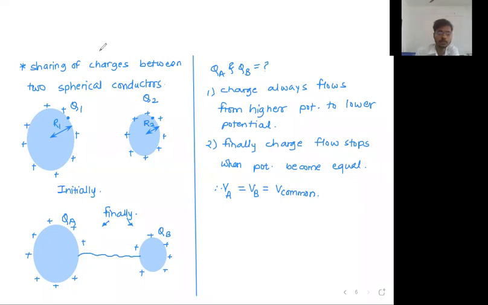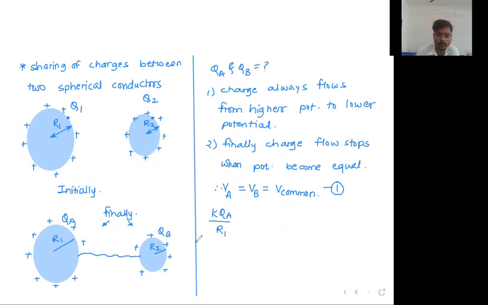So this is the first equation that we want to implement. Potential on the surface of the first sphere is k into qa upon r1, because the radius of the first sphere is r1. Radius is not going to change, it will remain r1, and the other radius will remain r2.